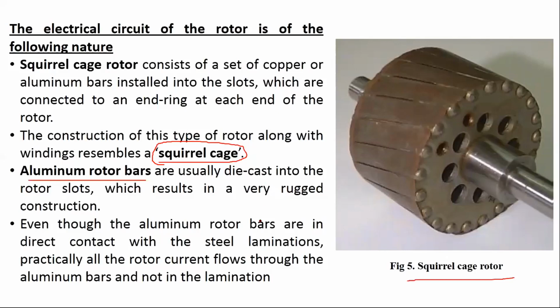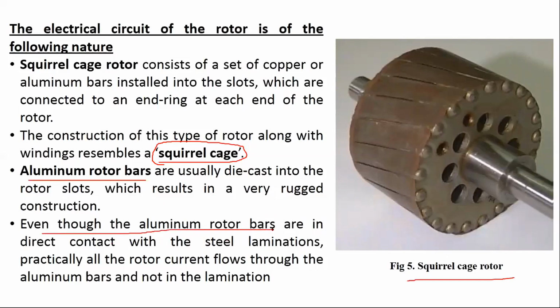And also aluminum is lightweight actually. So the use of aluminum makes the overall weight of the motor less. So it results in lightweight AC motors as compared to copper, right?